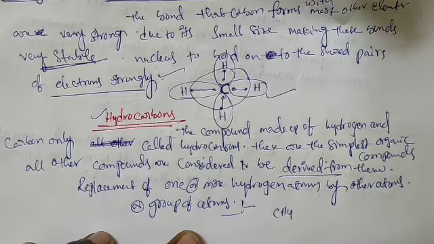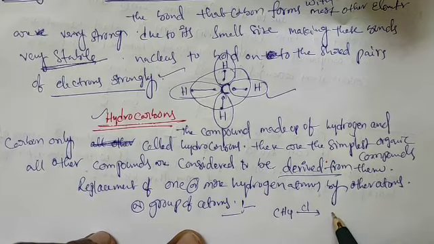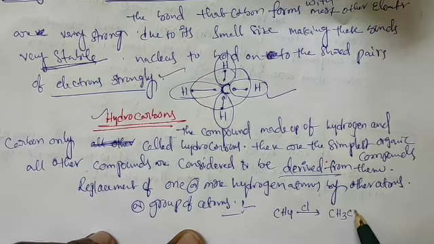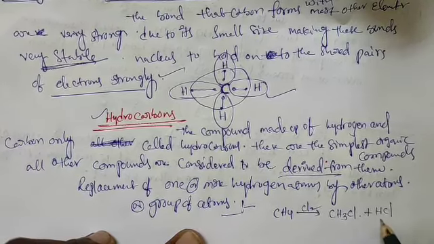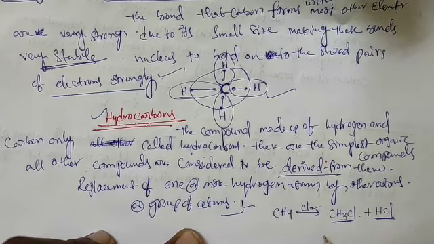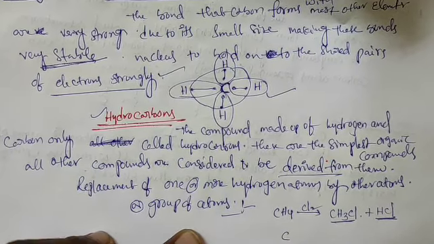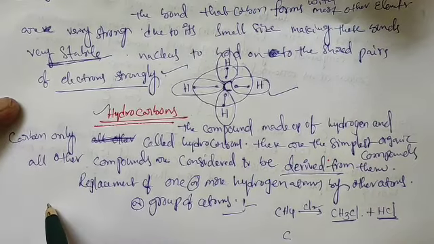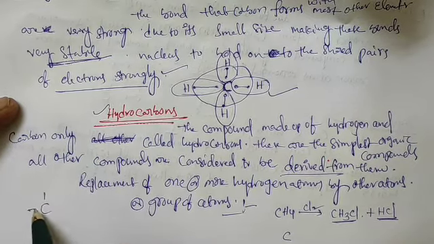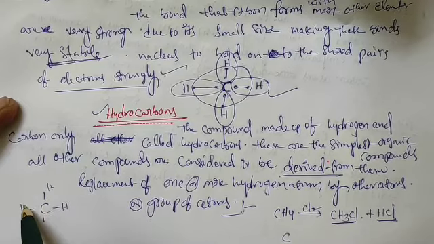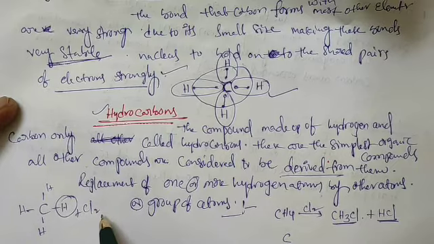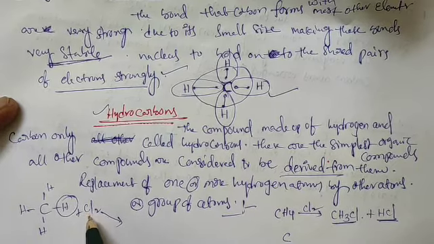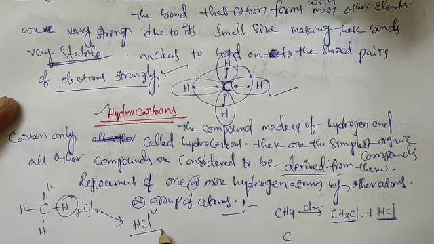For example, CH4 is there. This is a simple hydrocarbon. Carbon has 4 hydrogens. From this we add one chlorine atom, means CH3Cl will come: CH4 plus Cl gives CH3Cl plus HCl. Instead of 1 hydrogen we are adding Cl; that hydrogen is removed as HCl.